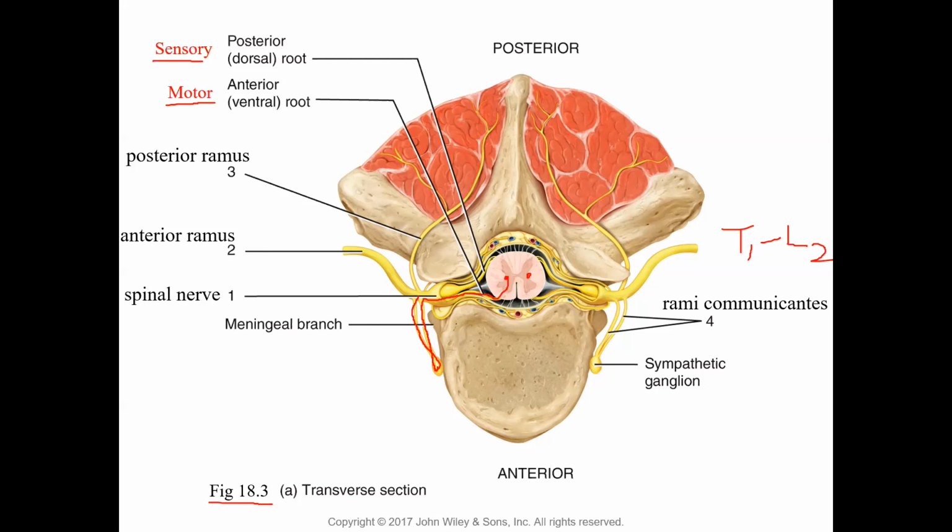Again, for simplicity's sake, I'm going to draw on the other side of the spinal cord. Coming out of the anterior root, going down the rami communicans, and this one, let's say, synapses. Then the postsynaptic fiber comes back out, goes back this way, and these will form the gray rami communicans.